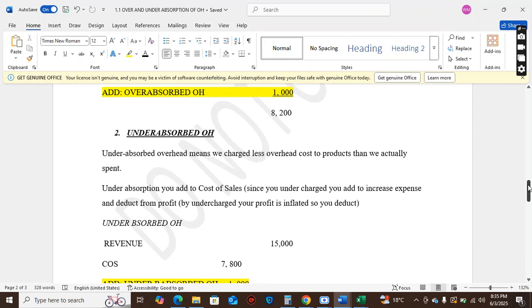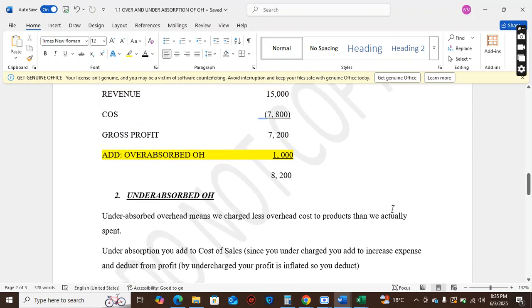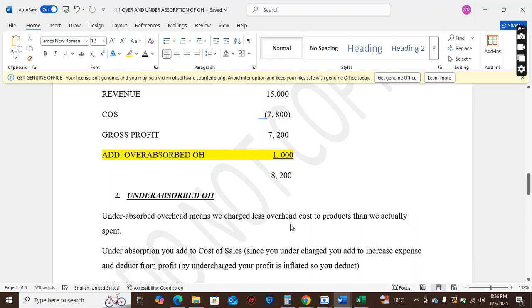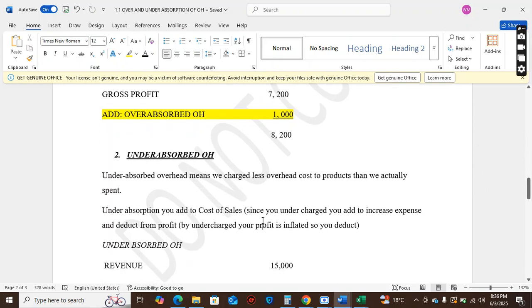Okay, so overhead under absorption. Okay, so we have charged less overhead to our products than we spent. You have charged less overheads to the units that you're producing. So the two adjustments you can do.